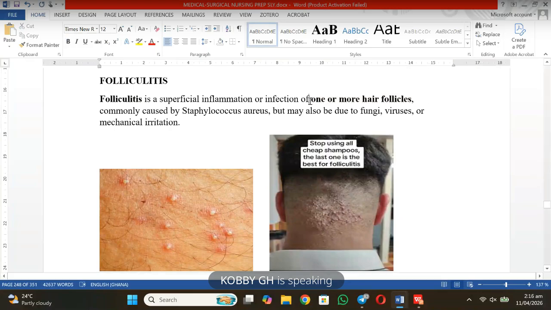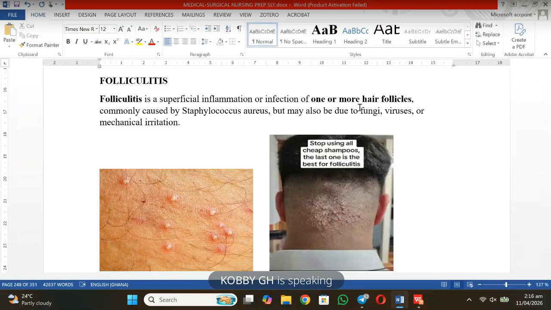You see the difference now. Let me take you back to pharyngeal, which is an infection of the subcutaneous tissue and hair follicle. Folliculitis is specifically an infection in one or more hair follicles. Usually, especially the gentlemen may understand folliculitis very well.